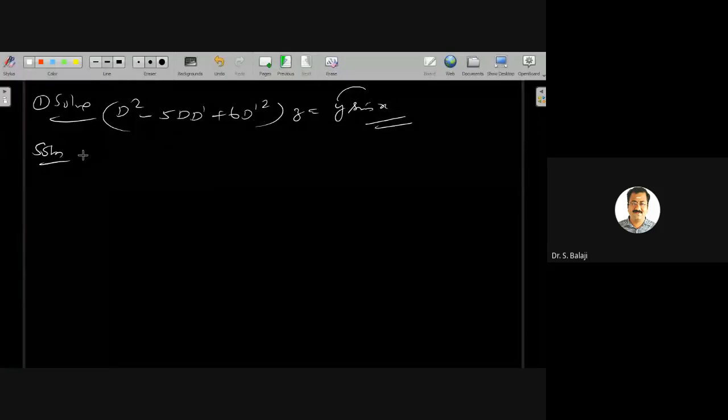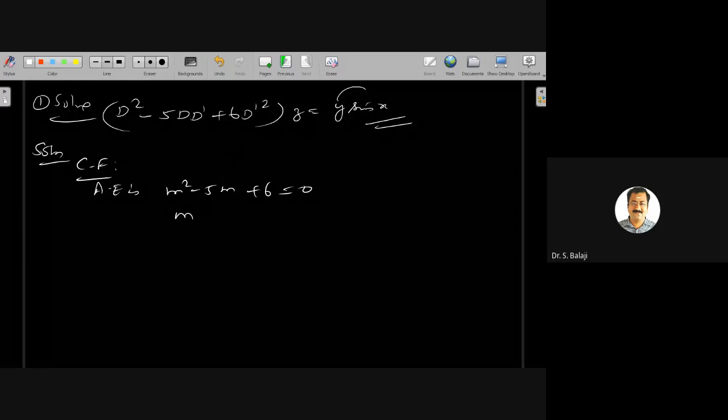First find the complementary function. The auxiliary equation is m² − 5m + 6 = 0, so (m − 2)(m − 3) = 0, and m = 2, 3. Therefore, the factors are (D − 2D′)(D − 3D′). That is the factor of this equation.